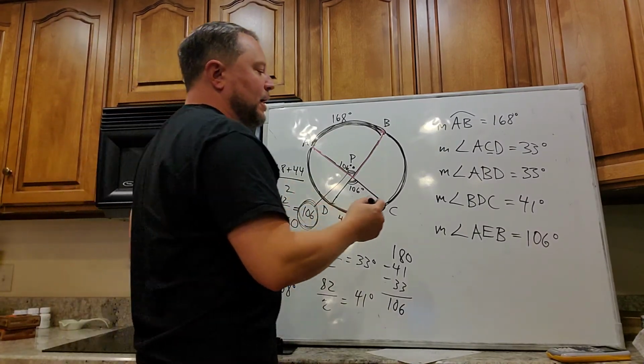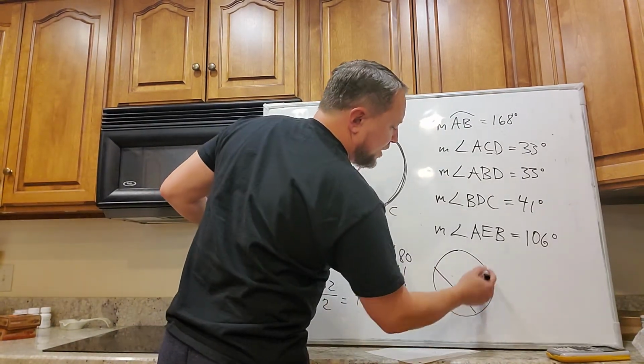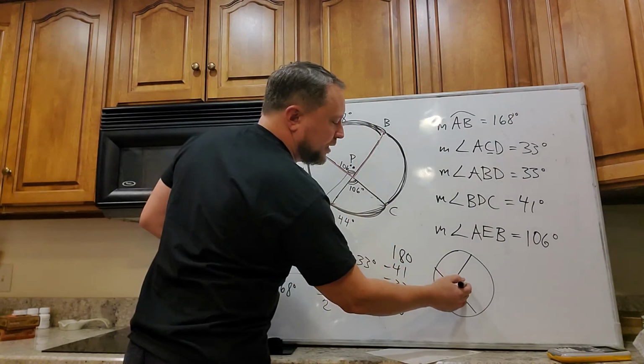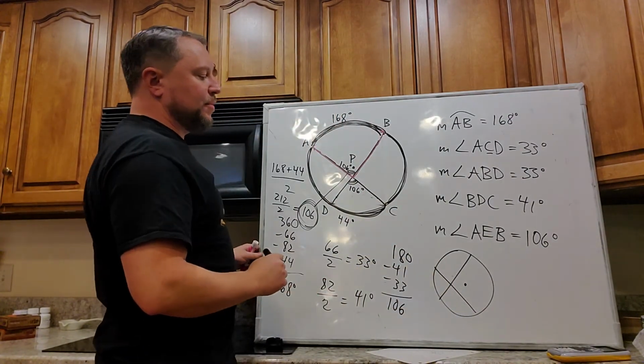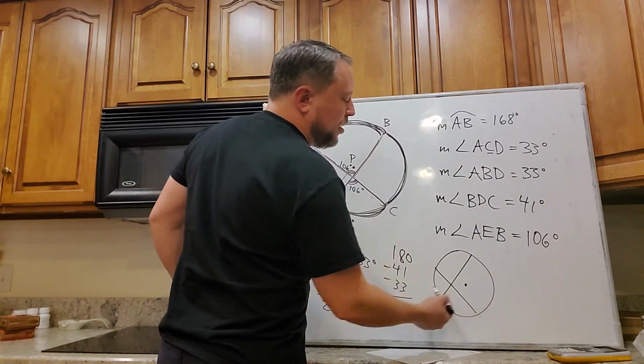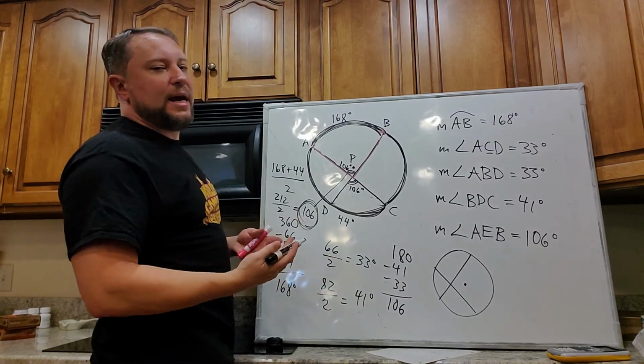If you ever have any situation where you got a circle, you just make some kind of X pattern like that. And again, it doesn't have to go through the center. Like there would be the center of the circle, let's say. And if I know the opposing arcs, the ones that are opposite of each other, then you can find the angles.